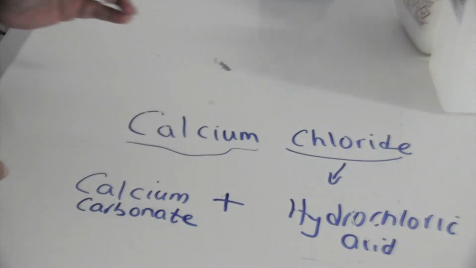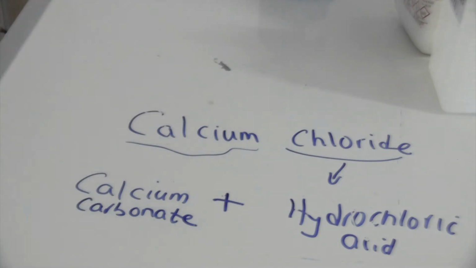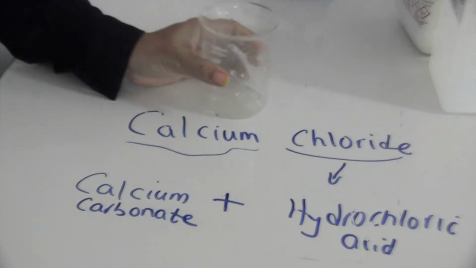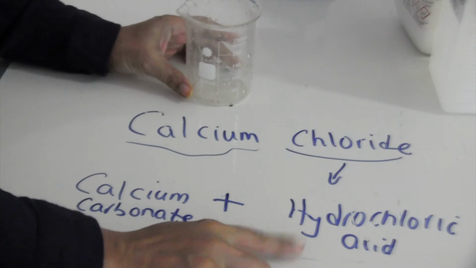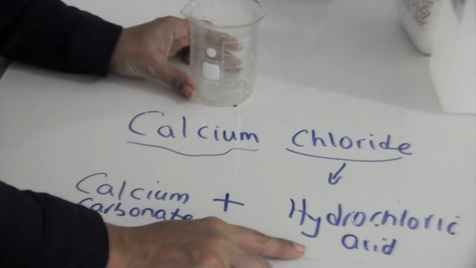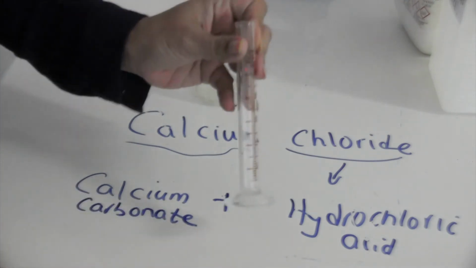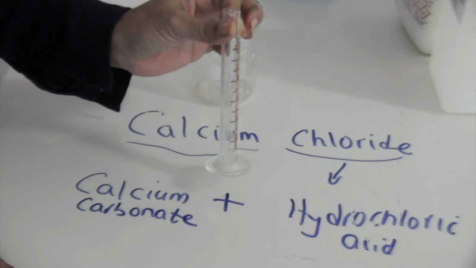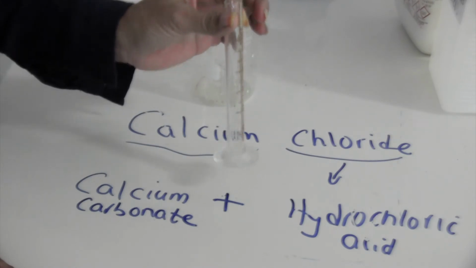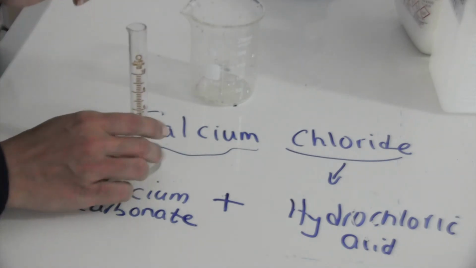So how to do it? We're going to take a beaker. So we take a beaker. In that beaker, I'm going to place some hydrochloric acid. So let's say I measure 20 cm³ by using a measuring cylinder. So I use a measuring cylinder, measure 20 cm³ of hydrochloric acid, and put it into the beaker here.